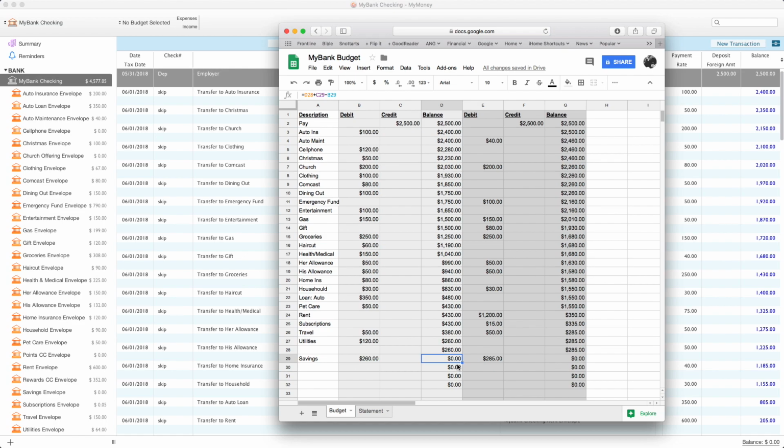So that's one technique. Another technique would be, a lot of advisors would tell you pay yourself first. So don't just put what's left over in savings, come up with an amount. Let's say that your strategy is to save 20% of your pay every month and put that in savings. 20% of $2,500 would be $500 per paycheck.